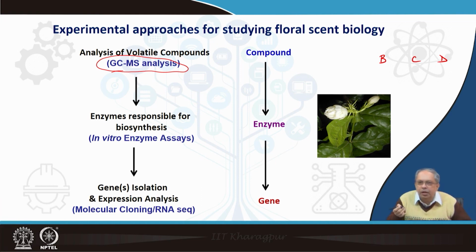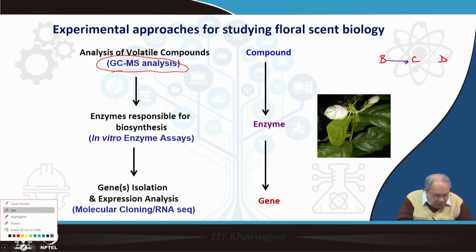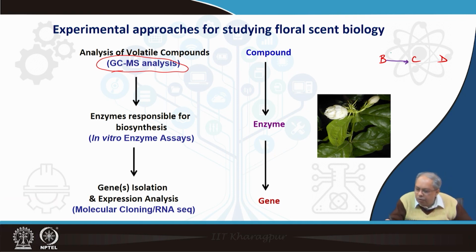Based on our chemical knowledge, if we can theoretically predict that such a relationship exists, for example, C can be formed from B simply by a hydroxylation, then there must be a hydroxylase enzyme carrying out the reaction.